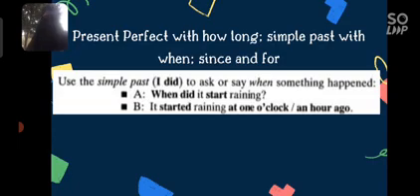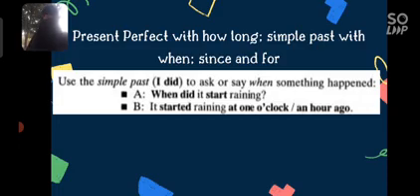Next, present perfect with how long, simple past with when, since, and for. When we use the simple past to ask or say when something happened, the example is, when did it start raining?